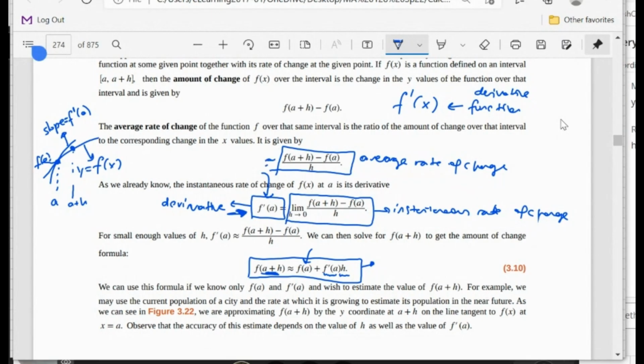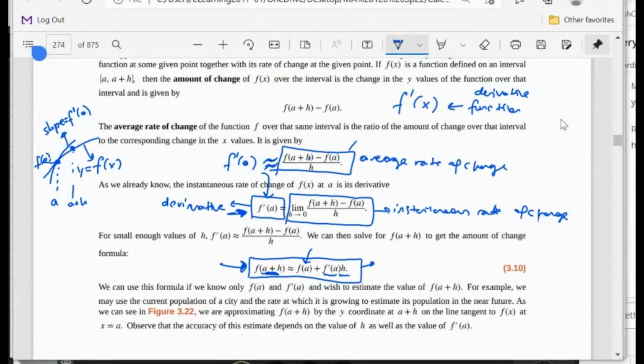So we can just approximately say that the derivative at a equals this average rate of change. If you don't take the limit, this is still approximately equal. If you take the limit, they are exactly equal. But without the limit, it is approximately equal. And if you solve this equation for f of a plus h, you will find this equation.